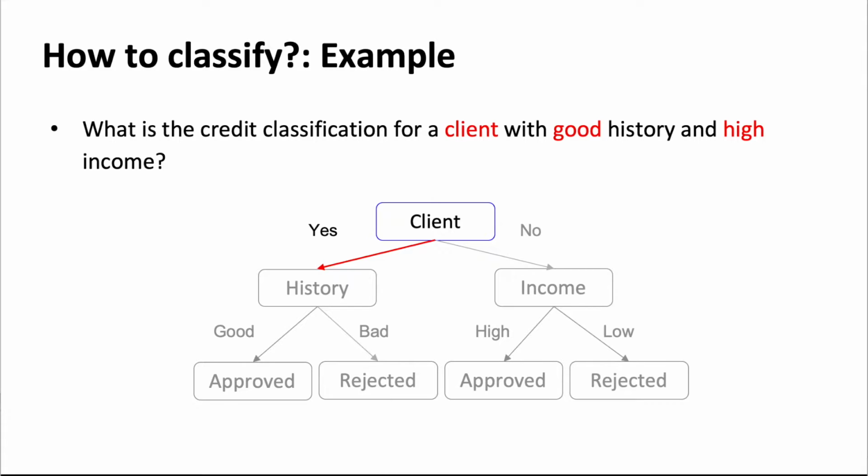We know that it is a client from here, right? So we move down through the left side of the tree. Then, how is the history of this person? And we know that it's good, okay? So we go down through the left side of the tree. Finally, we don't have to ask anything else. We already know that this person is approved according to this tree. So this is an example where not necessarily every time all the variables are being used for the classification.